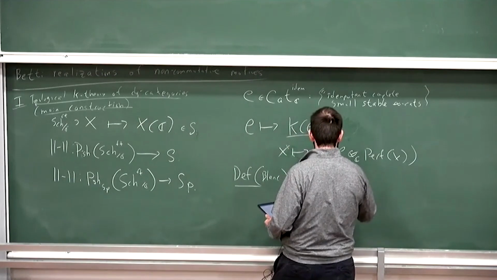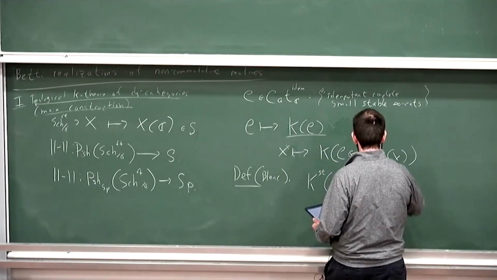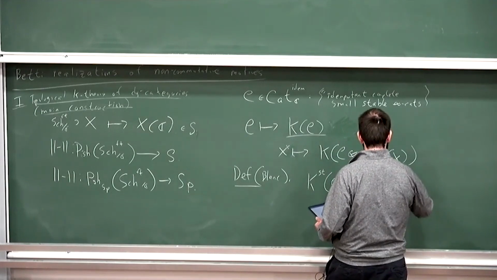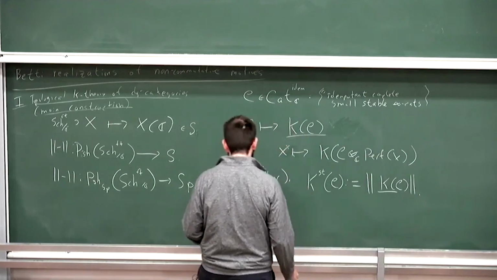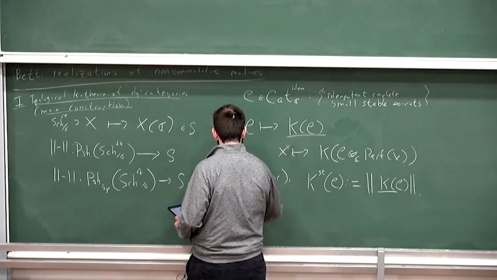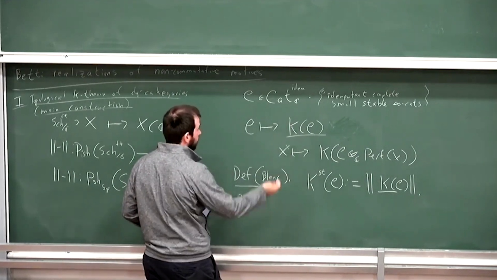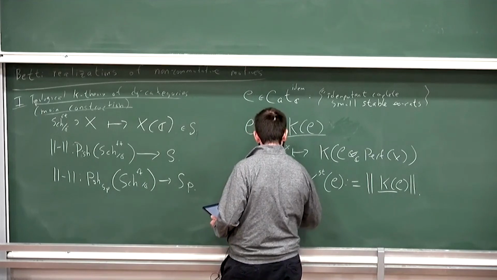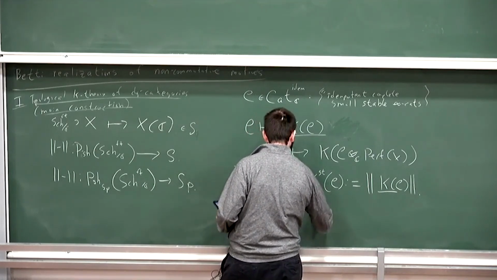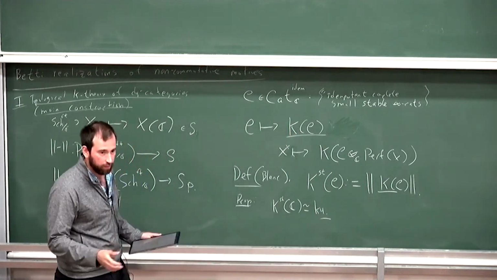So this will just be the realization of this presheaf. And proposition, what happens when C is the unit, C linear DG category, is that the semi-topological K-theory of C is just little ku, connective complex K-theory.